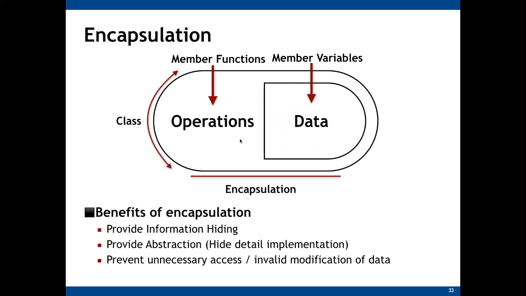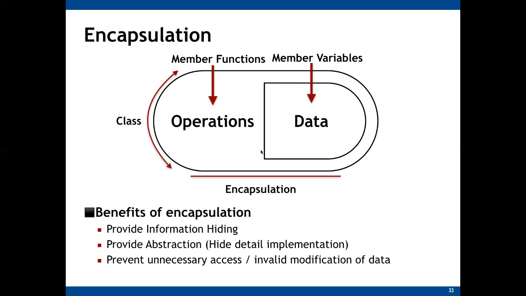We can consider member variables of the class as data and member functions as operations. By binding member variables and the member functions that manipulate them in one class, we can achieve encapsulation. So encapsulation is possible because of the concepts of class and objects in object-oriented programming.